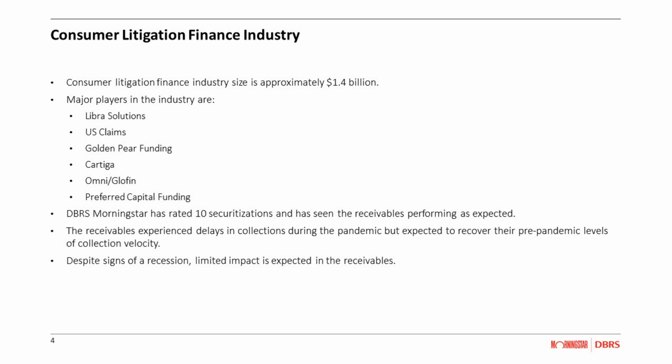And we have seen some delays, of course, in collections at the peak of the pandemic due to slowing of court processes and interactions between attorneys and insurers. But the collection velocity is really expected to recover near pre-pandemic levels this year, as the legal system is also expected to be fully operational, with cases that were backlogged during the pandemic being mostly resolved.